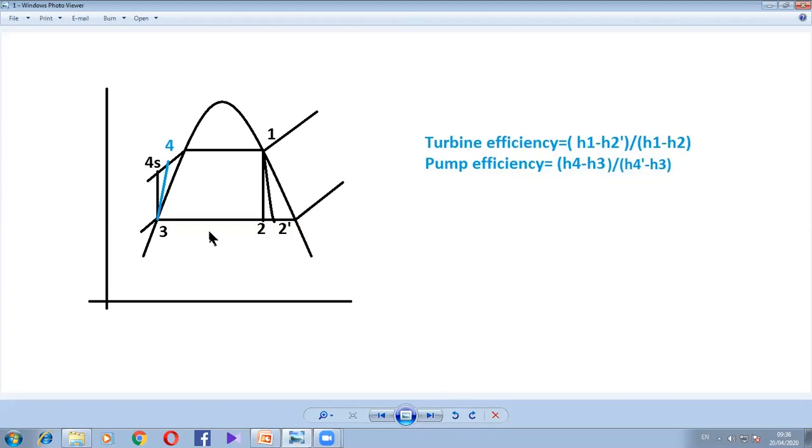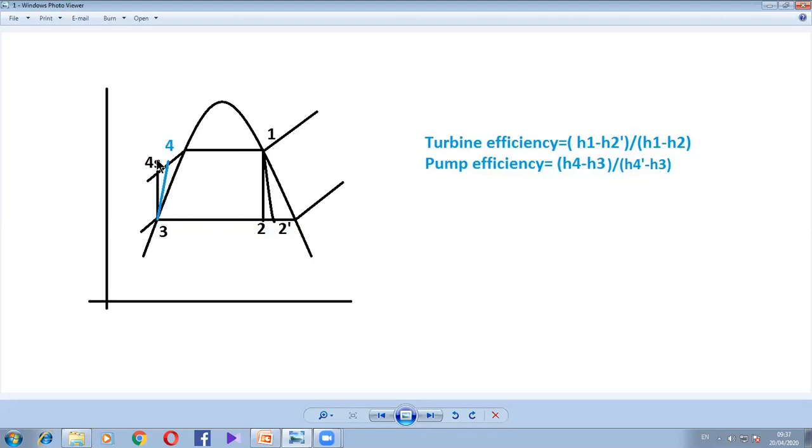When I take the pump work, the actual work done is the work done on the system. Pump work here will be H4 minus H3 divided by H4 minus H3 dash.